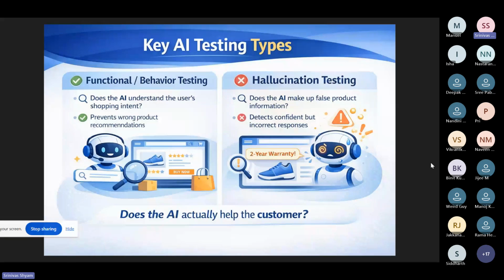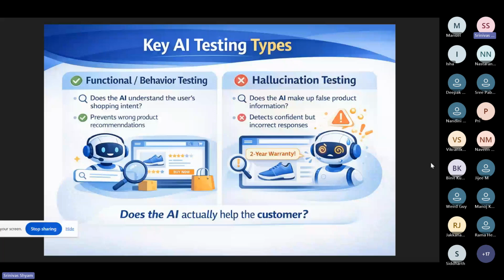Taking the example of Amazon, we do this testing to ensure that the AI completes whatever task is given in hand, maybe giving the review summary very properly. So the correct intent understanding and task completion is the main objective of this functional behavior testing.